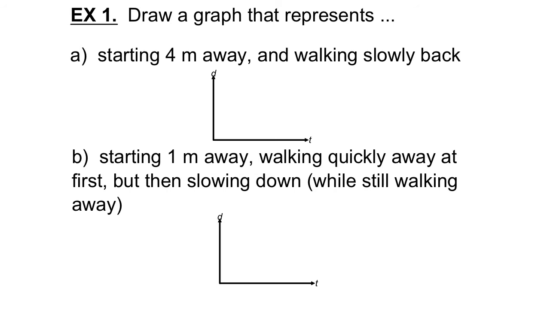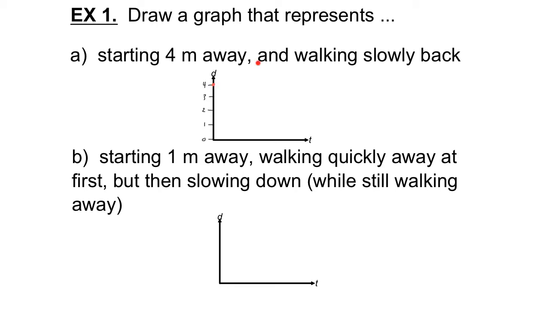Okay, let's do some examples. So we're going to draw distance-time graphs. The first one, we're starting 4 meters away. Okay, let's pause there for a second and think about what would that look like on the graph. Well, if it's 4 meters away, his distance is going to be 4 meters at the start. So we would make a consistent scale on our distance axis, our y-axis, and we're starting 4 meters away.